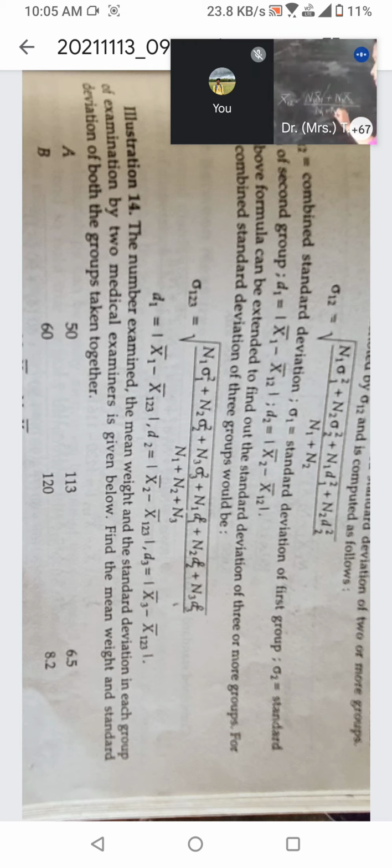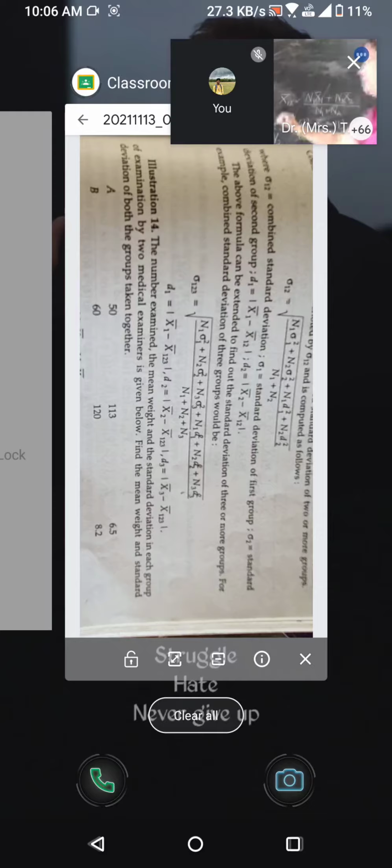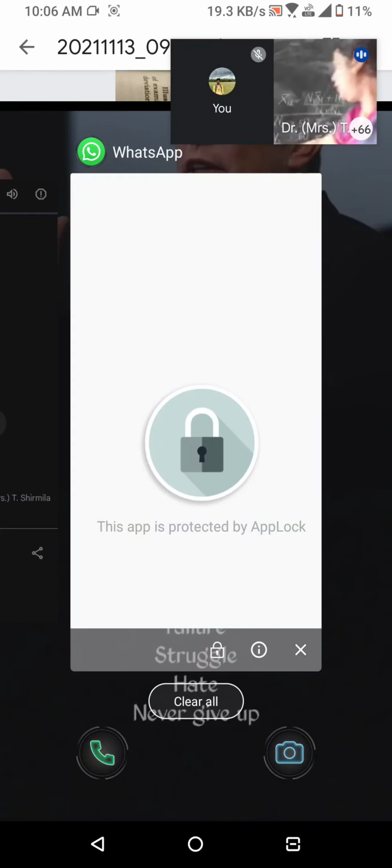So what are all the details that have been given to you? Has n1 been given? Mean 1, mean 2 been given? What is n1? Details of A: 50. It is 50, 60. Mean 1, 113, mean 2, 120. So with this detail and information, can you find out the combined mean?